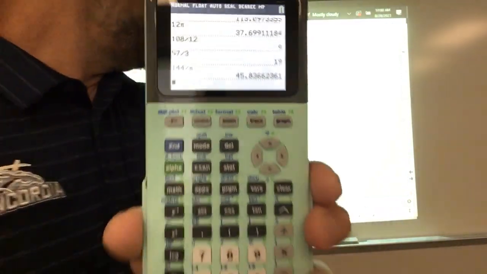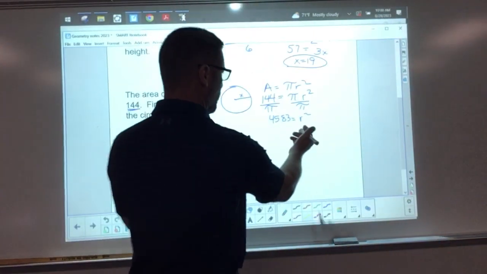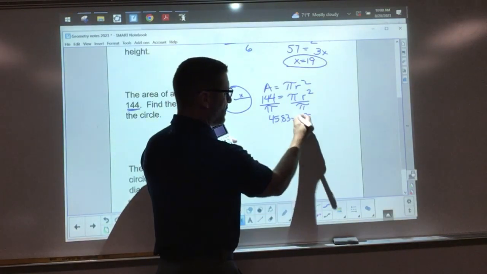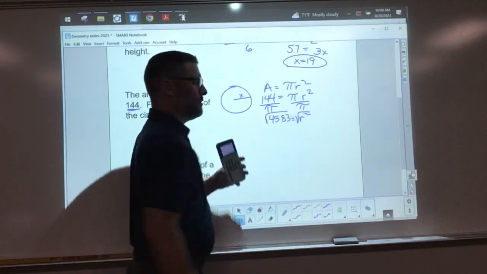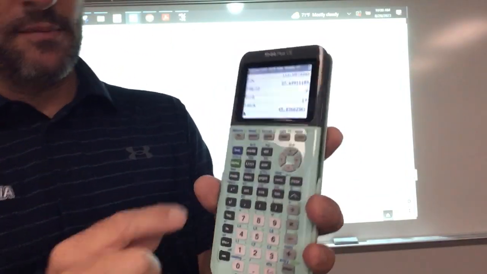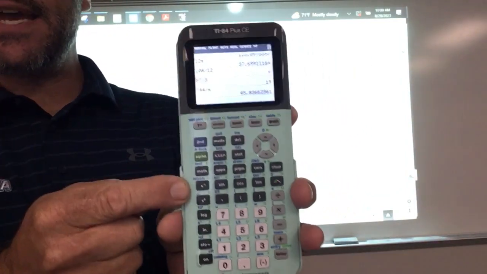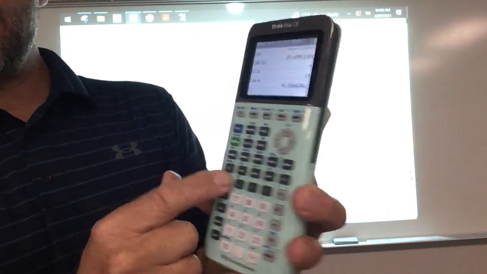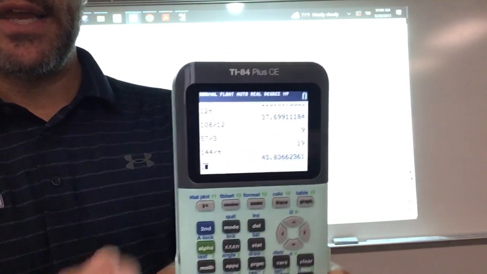Let's go back and do the math here first. I got r squared. I hope you know from Algebra 1, to get rid of a square, you square root. One thing I can do is carry the problem. The square root key is right there. I'm going to hit the second function key, square root, and it will bring in the square root.